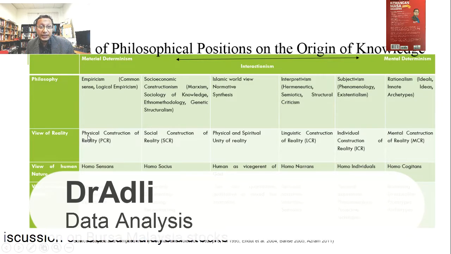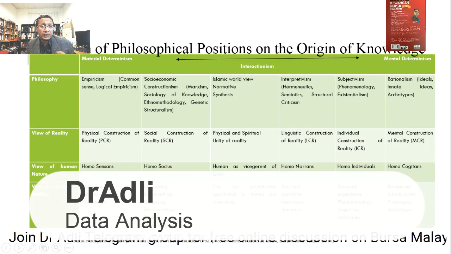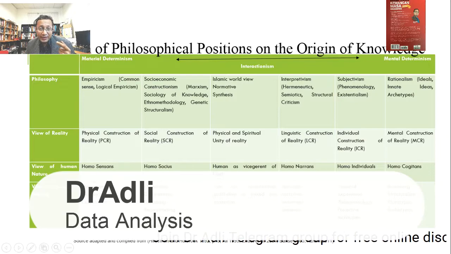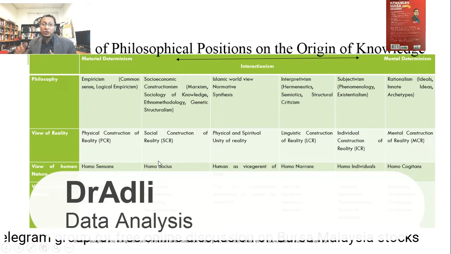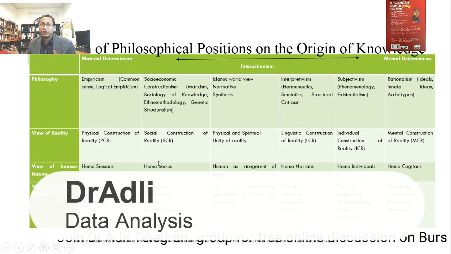Your view of reality is a physical construction of reality, and your view of human nature is homo sensus. And the view of relevant method is by measuring, by survey, by experimenting, and so on, right?